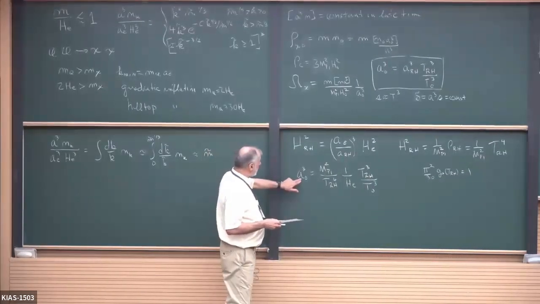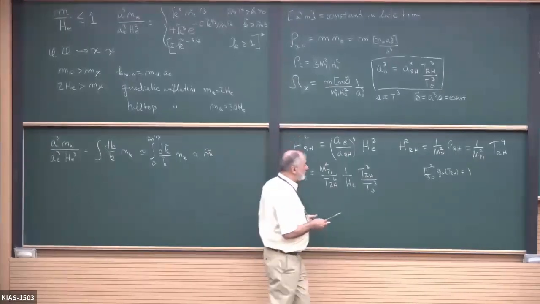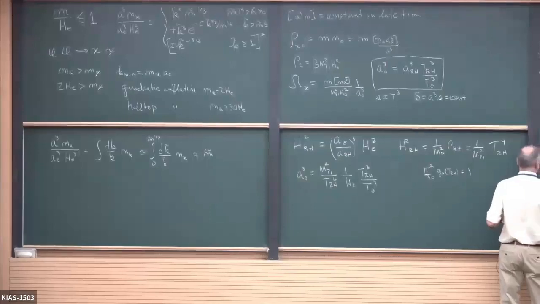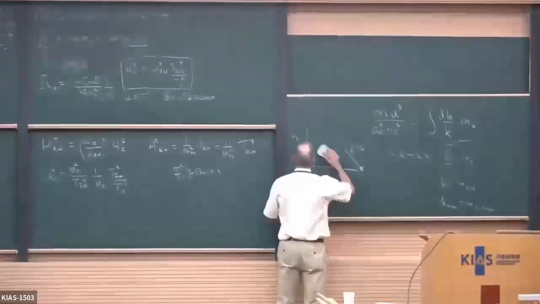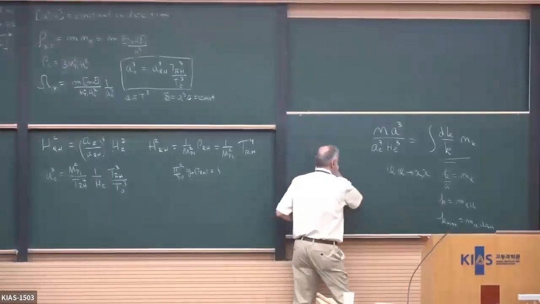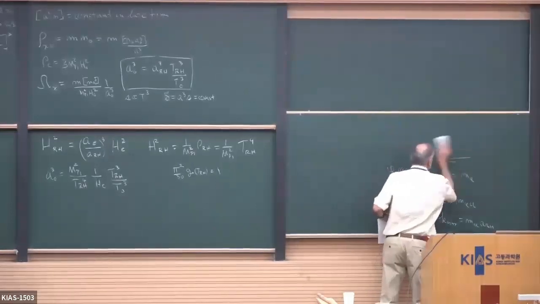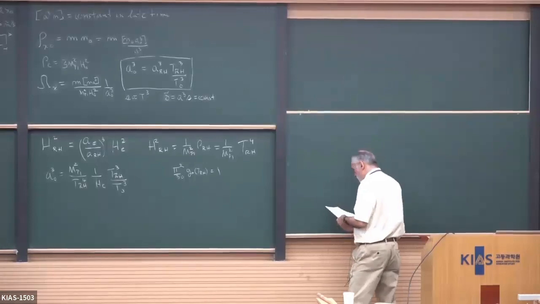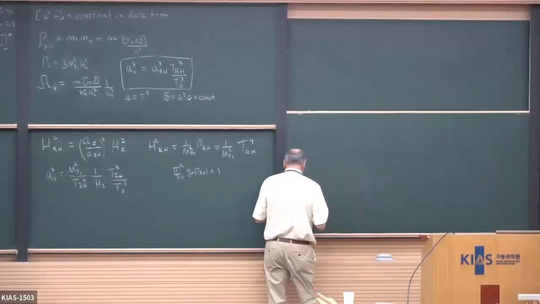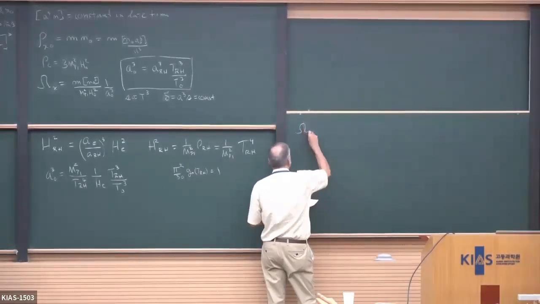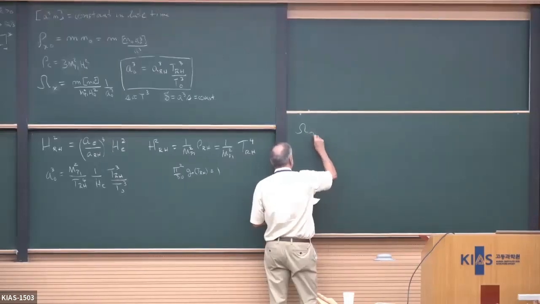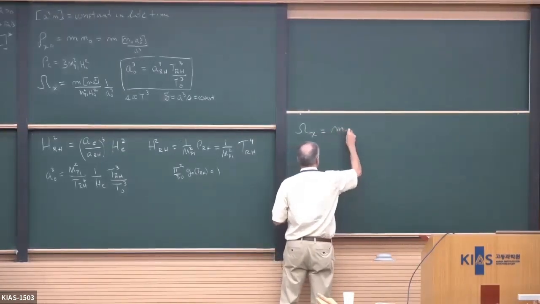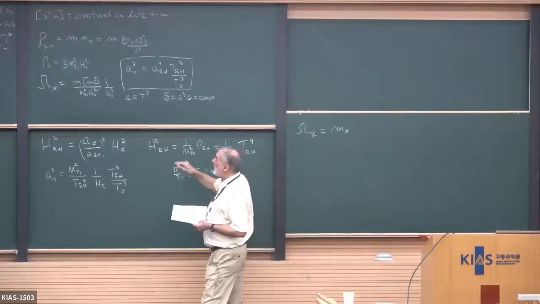So putting this into the equation for omega chi, proportional to m chi.